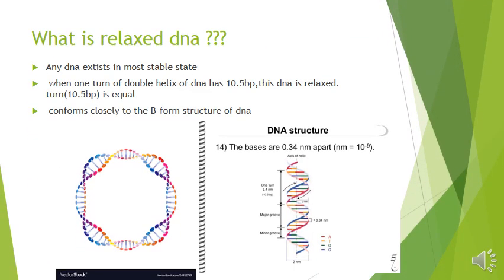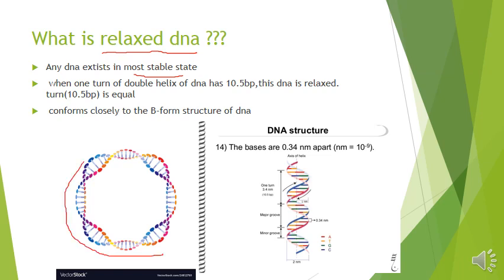The important concept also is relaxed DNA, because before knowing supercoiling, we should know what relaxed DNA is. Any DNA which exists in its most stable state without any bending upon itself or upon any other protein is called relaxed DNA.